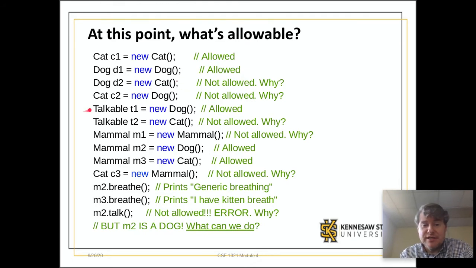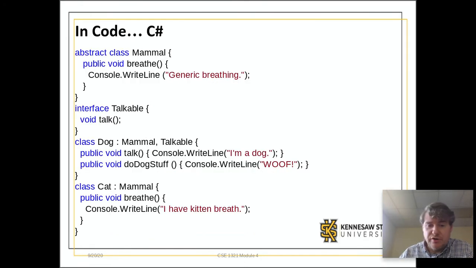All right, so let's take a look at this. So can I create a type talkable T1 gets new dog? So let's look at talkable. Talkable was my interface over here. So I said talkable gets new dog. Is that allowed? And the answer is yes. The type can be talkable because my dog implements talkable.